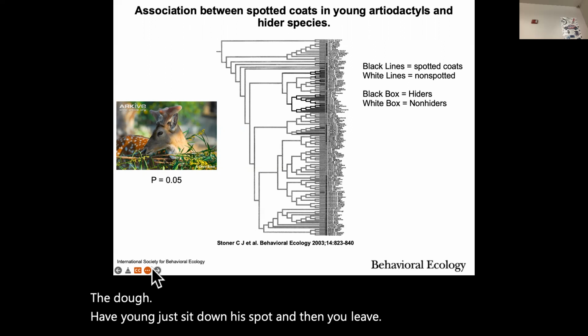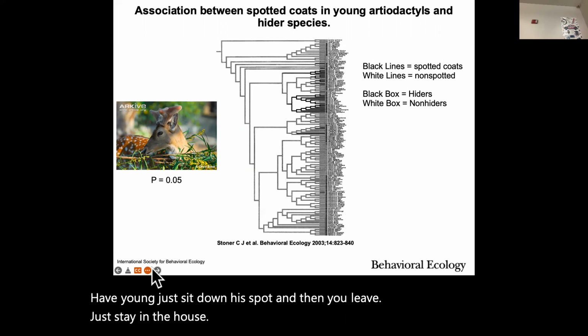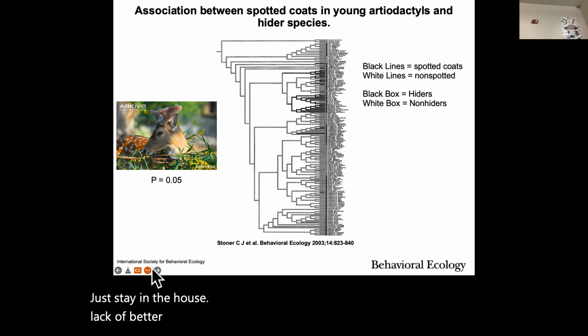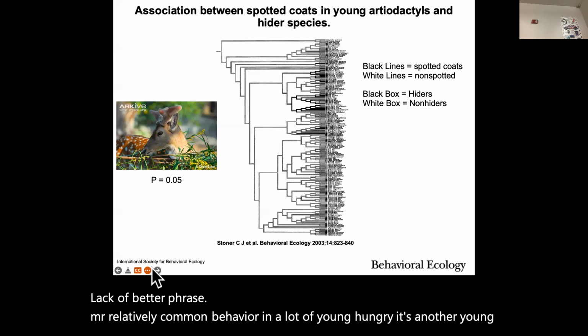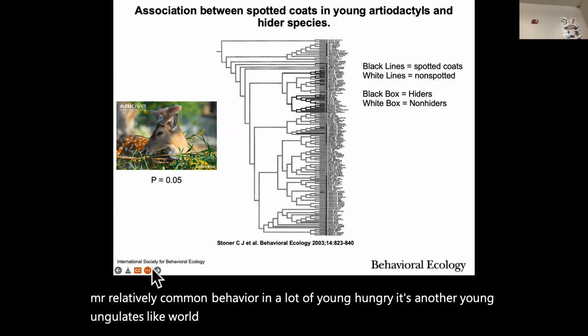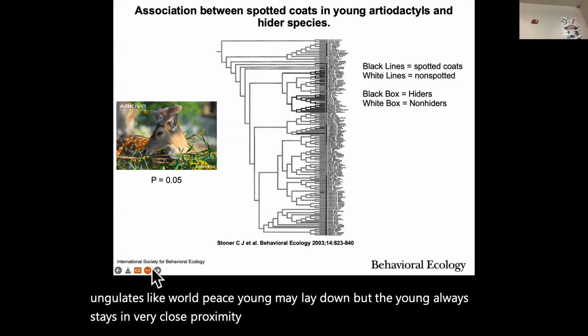And the young just stays there and hides, for lack of a better phrase. This is relatively common behavior in a lot of young ungulates. In other young ungulates, like wildebeest, the young may lie down, but the young always stays in very close proximity to the mother. So when the mother moves away, the young stays with her.